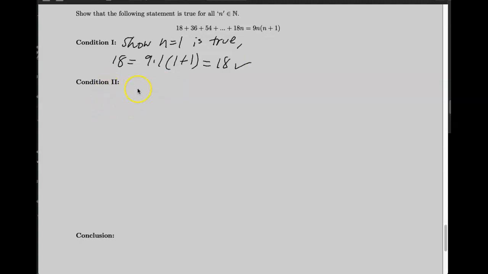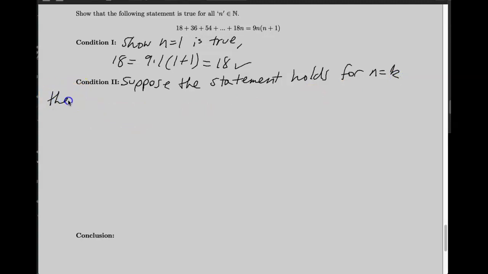The second condition is to suppose the statement holds for n equals k.